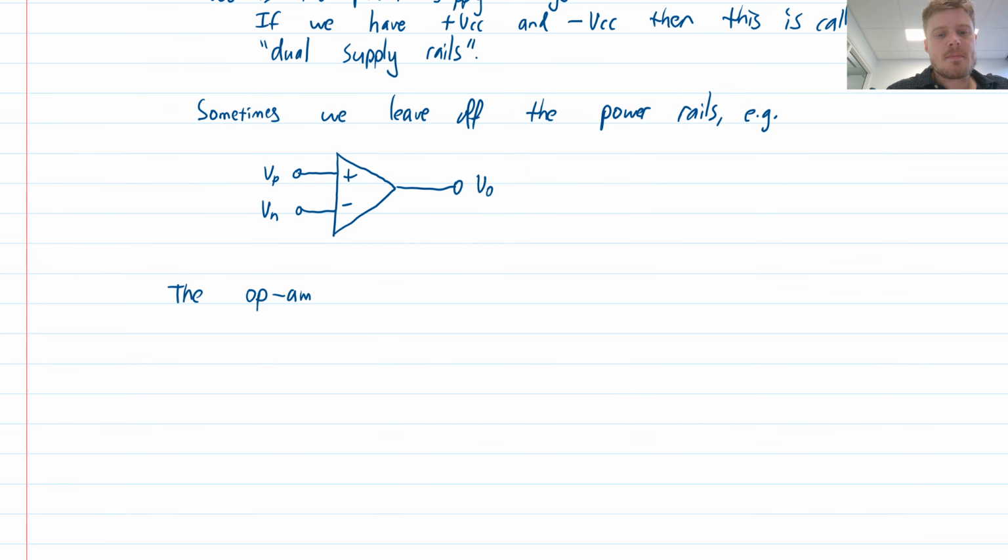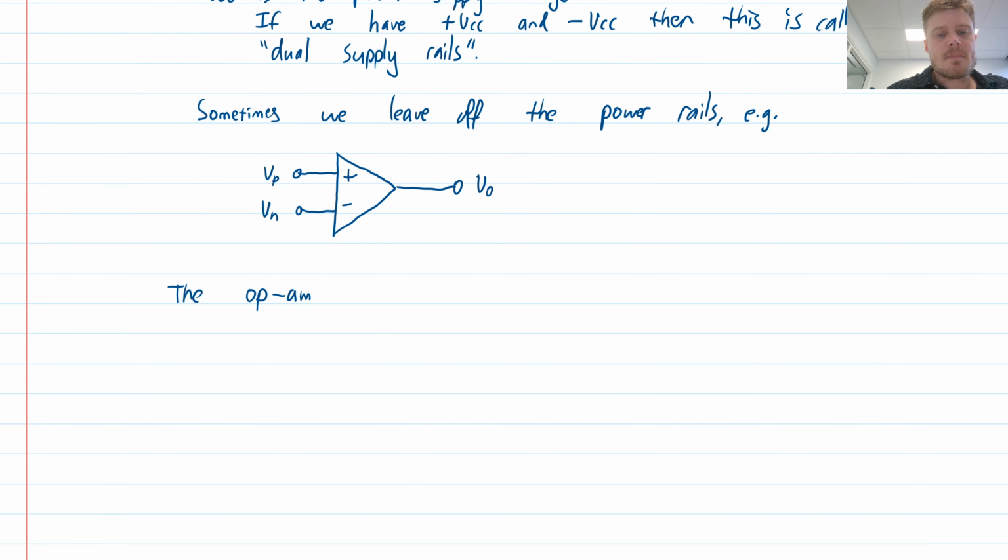Now, in reality, when you have actual power supply rails, you might imagine this output voltage obviously can't grow without limit, so a more realistic depiction must also consider the power supply.